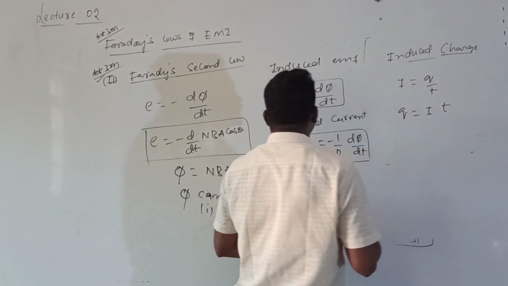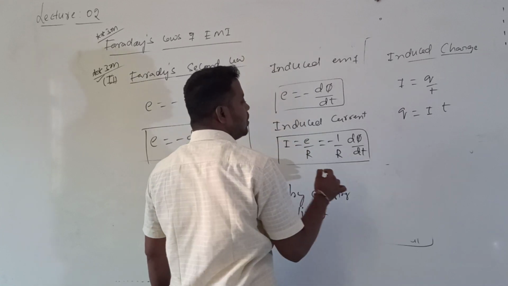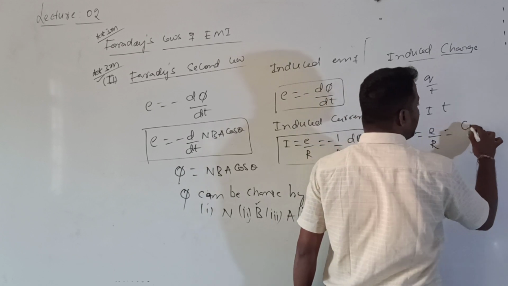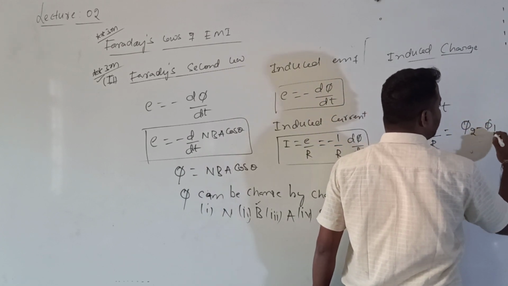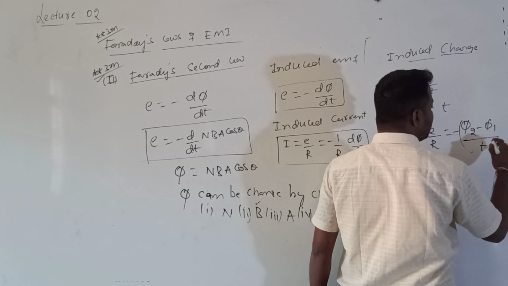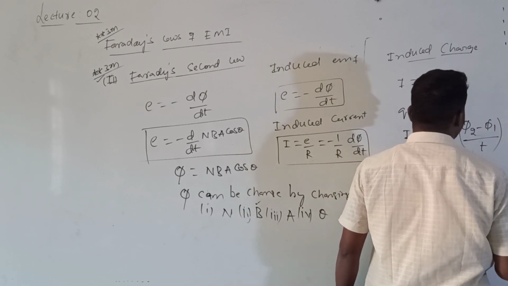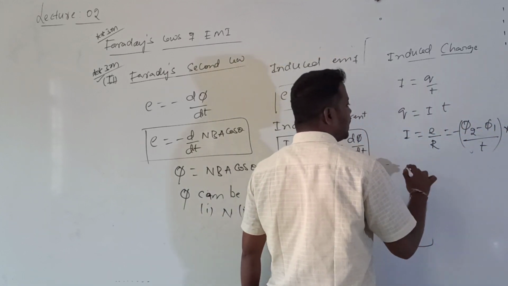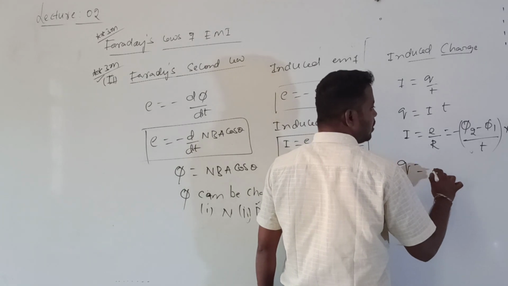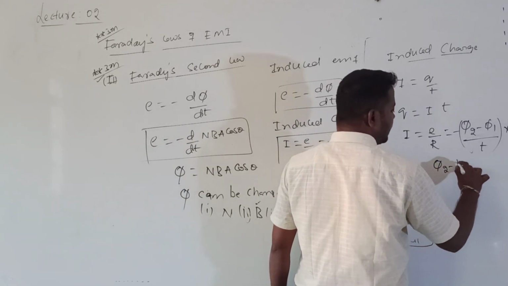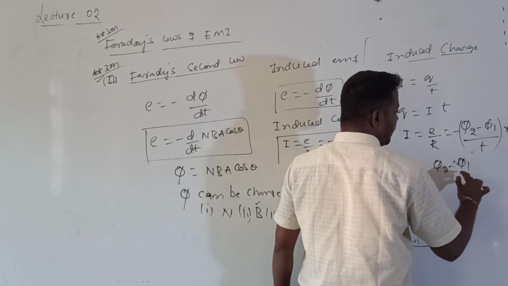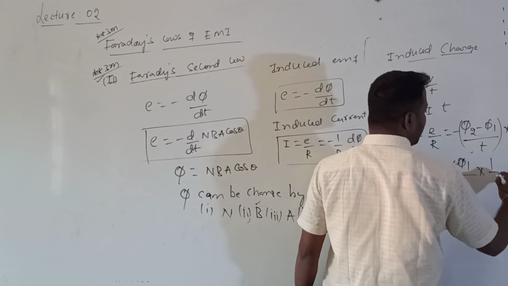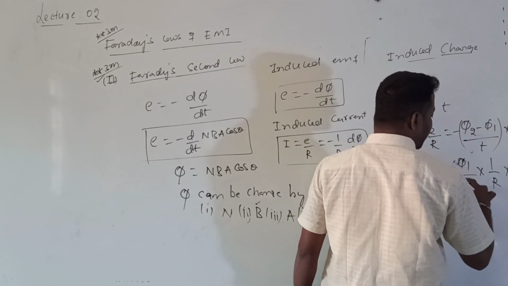In terms of induced EMF, I is equal to E by R, where E can also be written as minus of phi 2 minus phi 1 divided by T, into 1 by R. From this, Q is equal to minus of phi 2 minus phi 1 by T into 1 by R into T. T cancels.